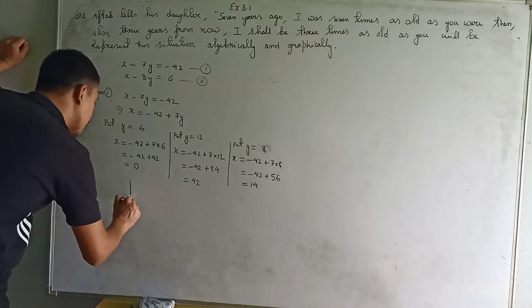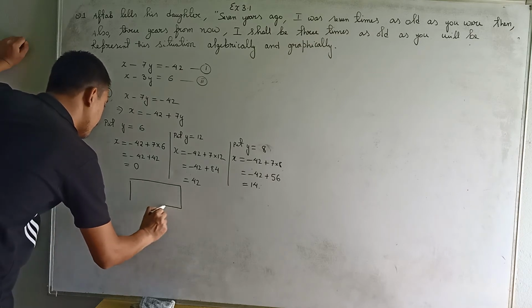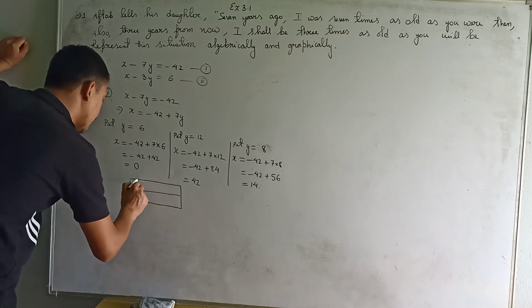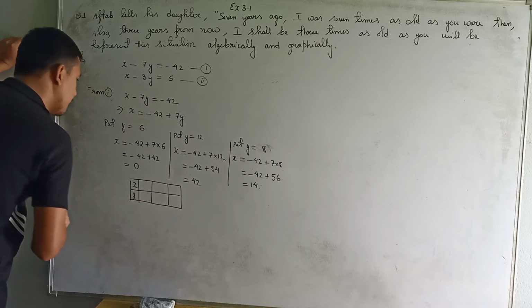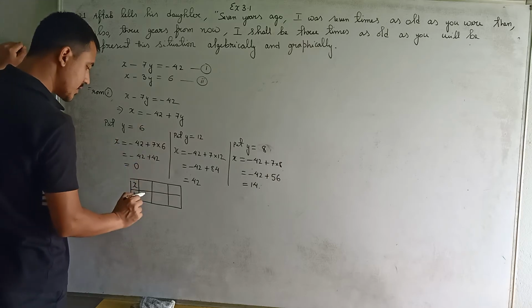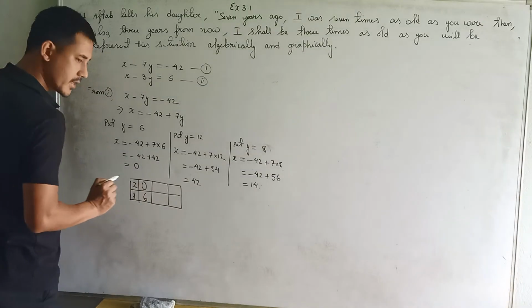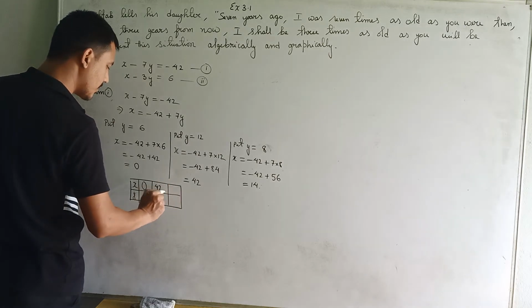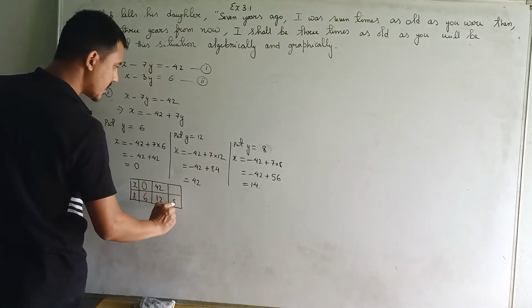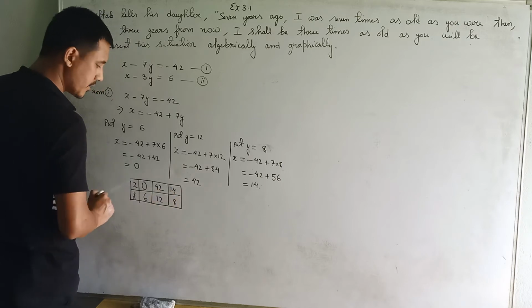I'm going to represent them in this manner, right? So this is your x, this is your y now. The first y is 6, then your x is 0. If your y is 12, your x is 42. If your y is 8, your x is 14.